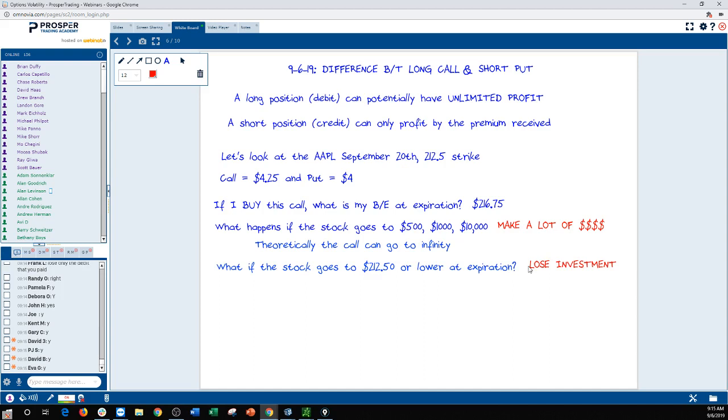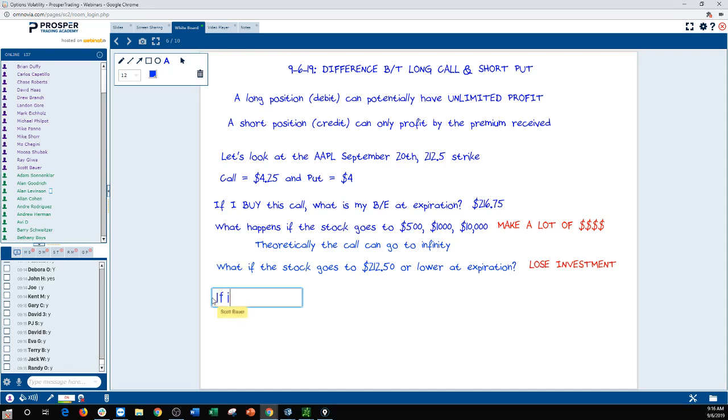Okay, so first, Randy, we're going to talk about a long put. Since we've discussed a long call or buying a call, let's stay on the debit side of things first, even though you want to get into the short put. Okay? So let's talk about what happens if, whoops, I want to go back to blue here, not red.